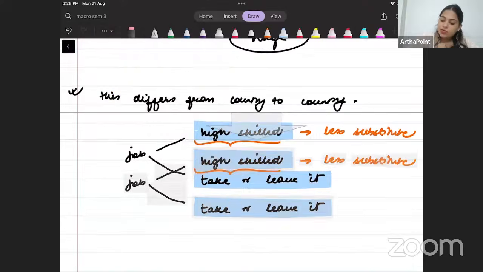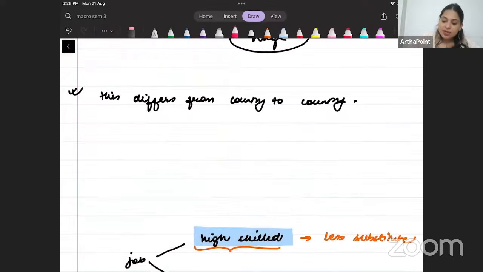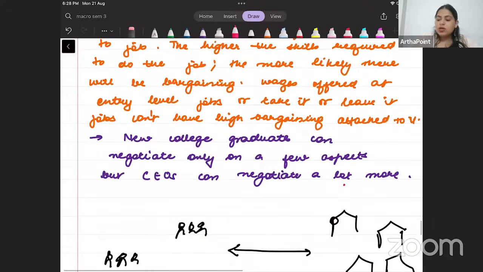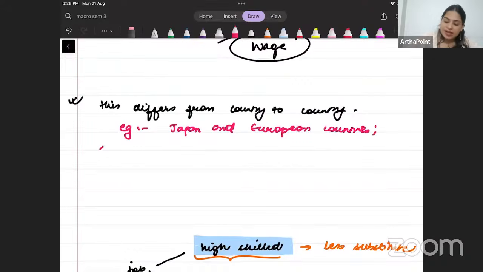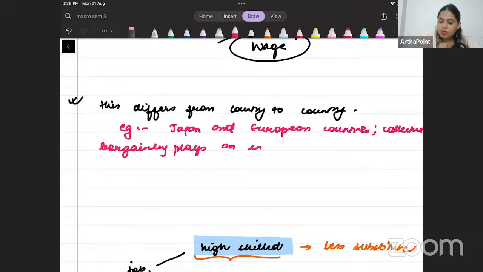So I will continue, just write an example here, beta. Like for example, in Japan, you can just continue below this. इसके नीचे शुरू कर दो. That in Japan and in European countries, collective bargaining plays an important role.